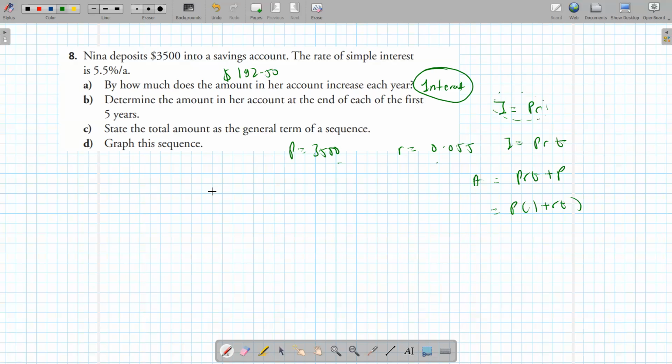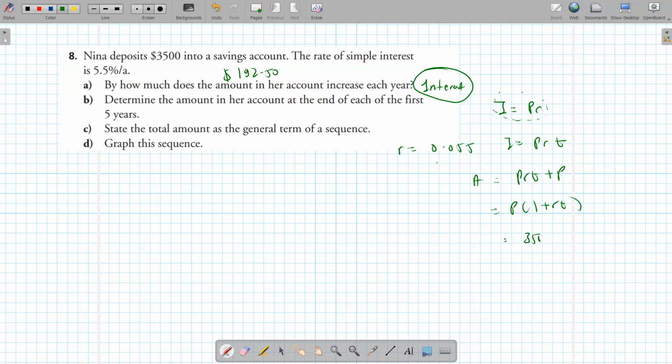Part B, determine the amount in her account after 5 years. How do you do that? You just plug in T as 5. We know what the formula is.